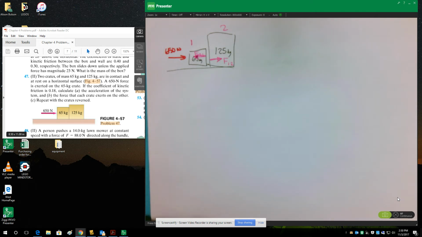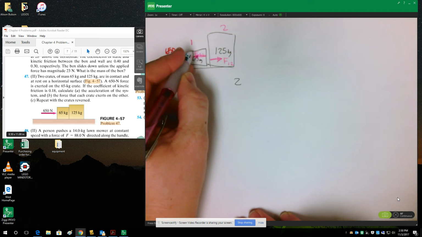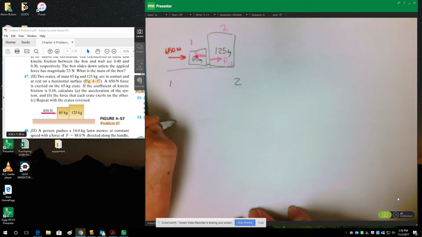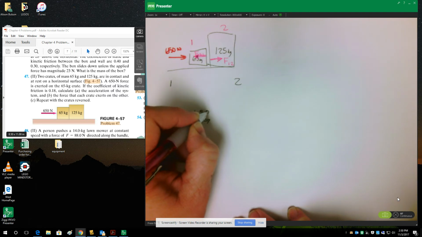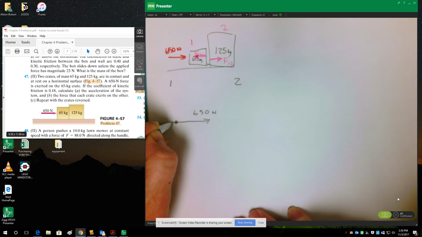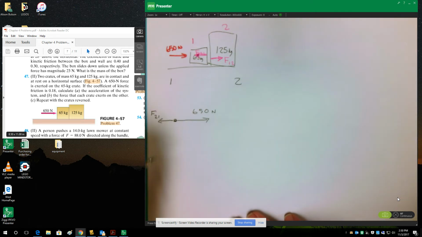In order to figure out what that internal force is, we need to look at the free body diagrams of each block individually. I'm going to label them 1 and 2 as I have up here: 1 for 65, 2 for 125. Block 1 gets 650 newtons to the right. And then there's that push back of 2 pushing back on 1, because 2 is essentially in 1's way.